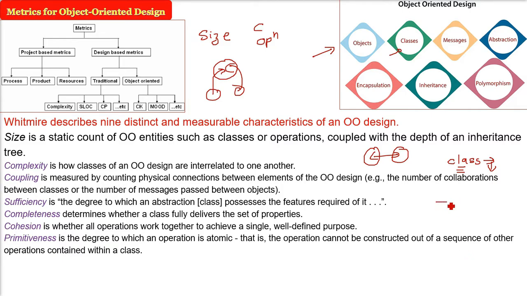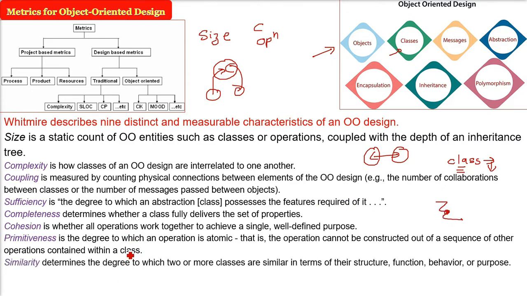If you have a sequence, that sequence will be followed. That is what we mean, the operation has to be atomic. Similarity determines the degree to which two or more classes are similar in terms of their structure, function, behavior, and purpose.